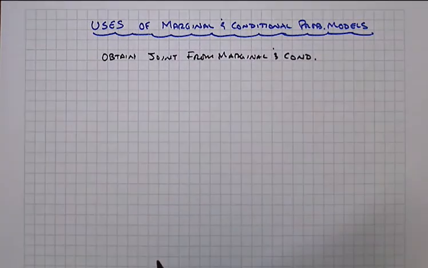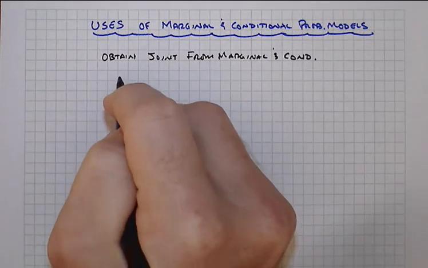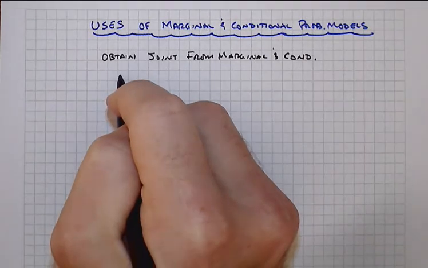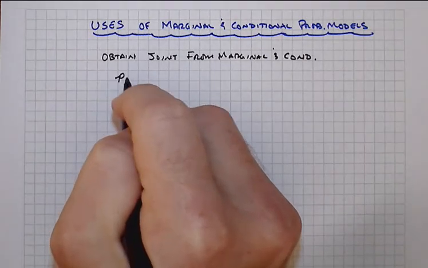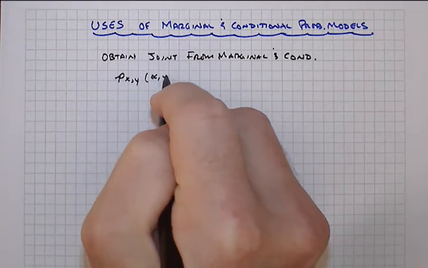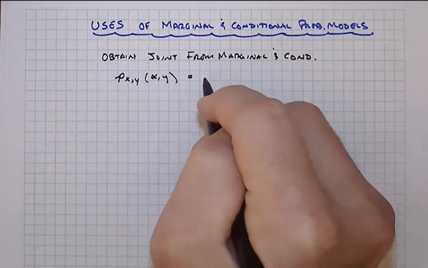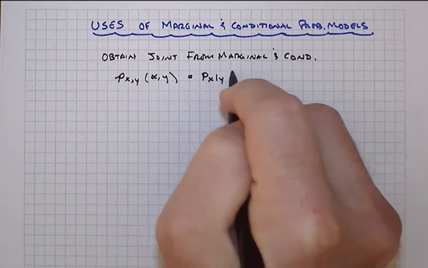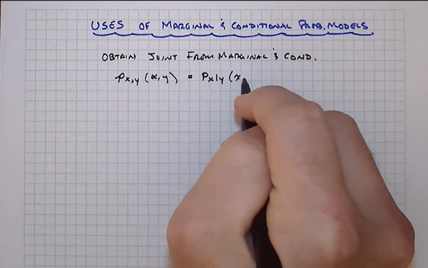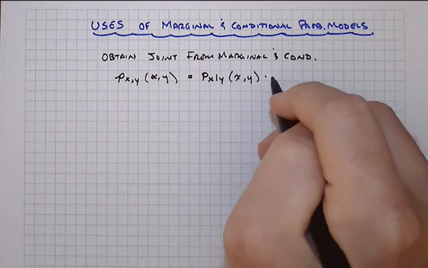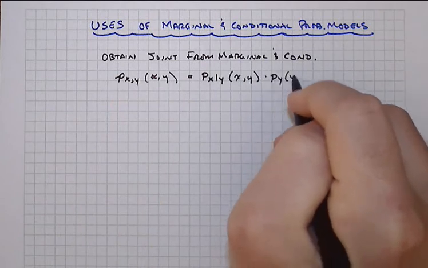We're going to use that basic concept of what these different distributions mean and their relationships to do that, and we're going to return to the traffic counter as an example. So in general, the relationship between the joint and the marginal and conditional is that we can look at the joint as being the conditional mass function for x given y, and since we conditioned on y, we want to multiply by the marginal of y.